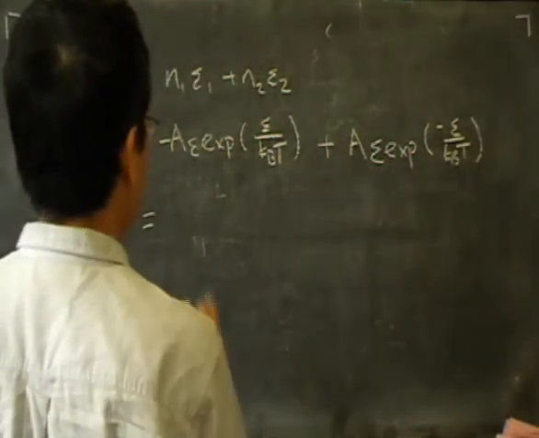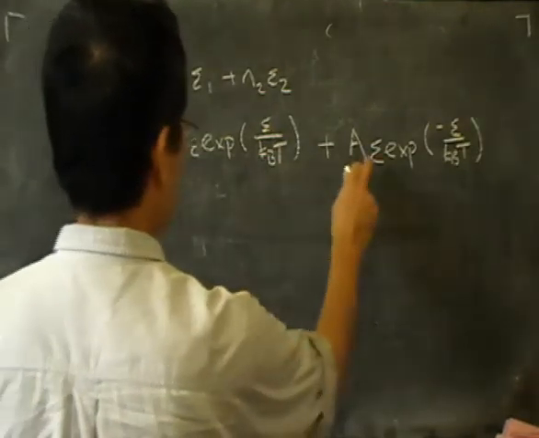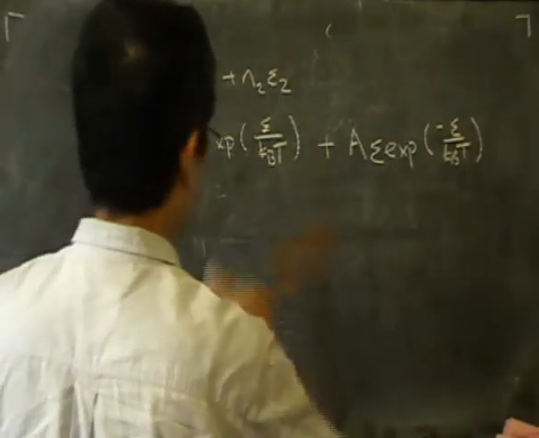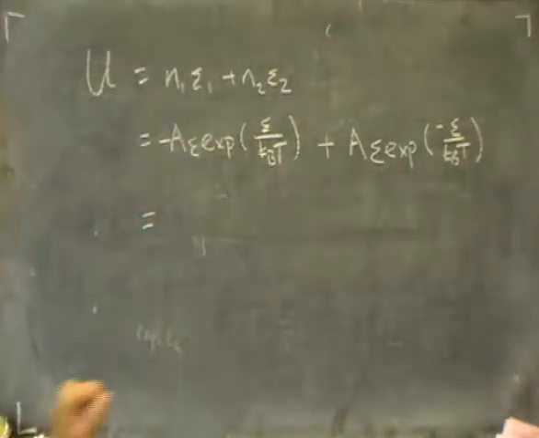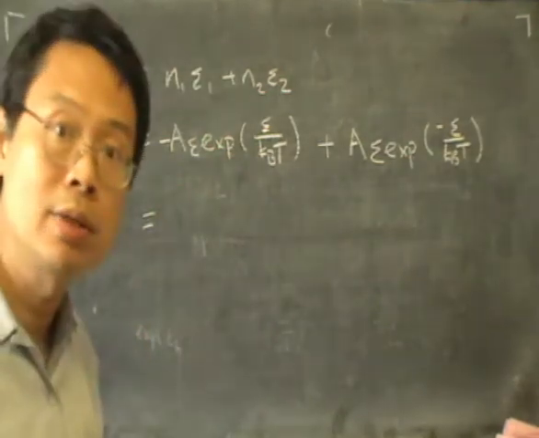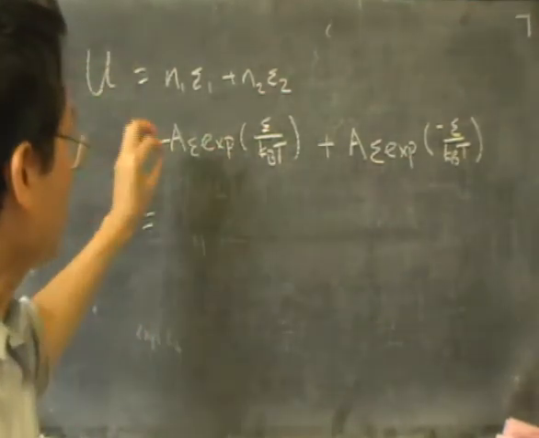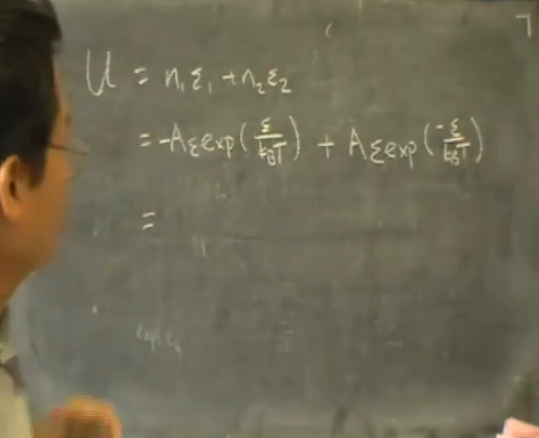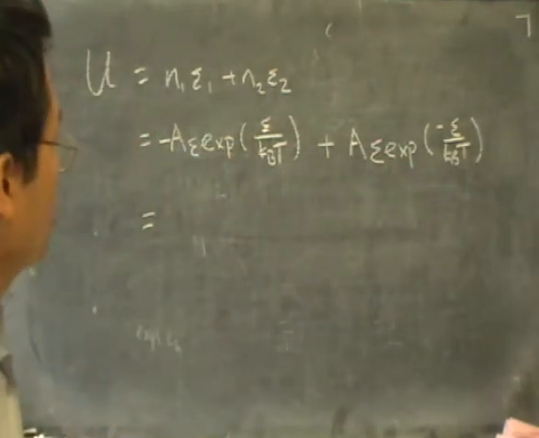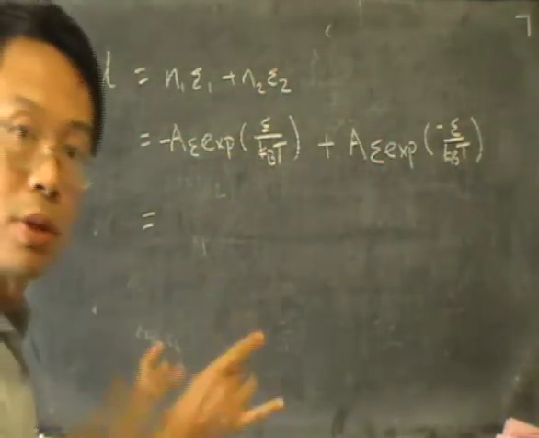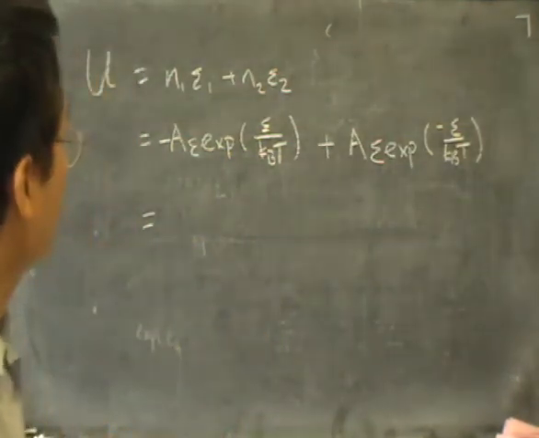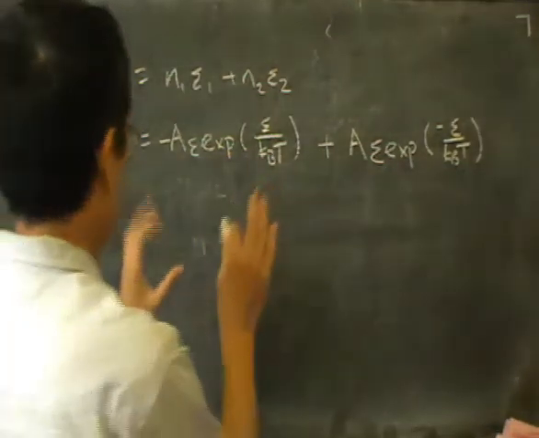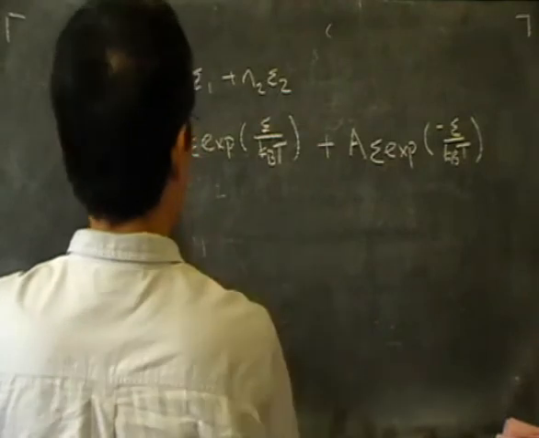Now notice that there are common factors A and epsilon down here. In principle, we have already seen the expression for A just now. We can just substitute that expression into A, and that's the answer. But what I'm going to do now is simplify this expression. I'm going to factor out the A and epsilon.